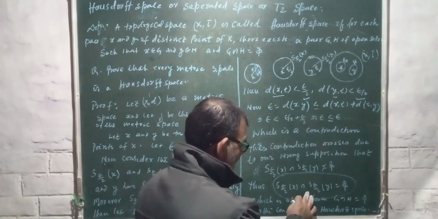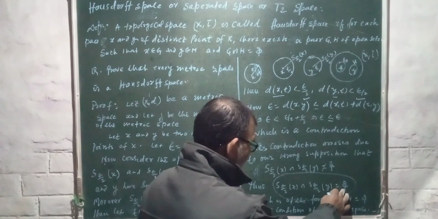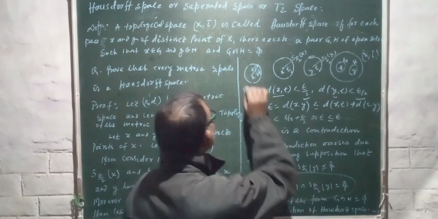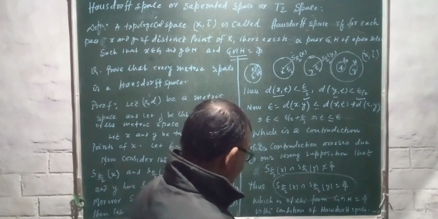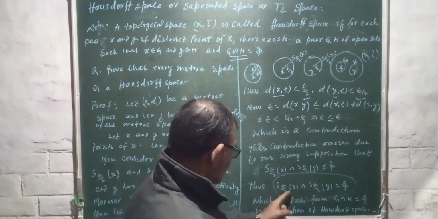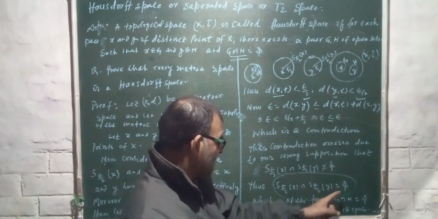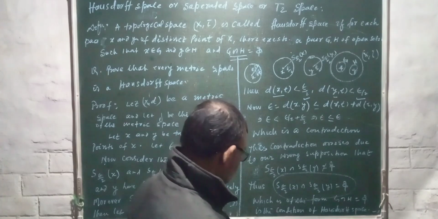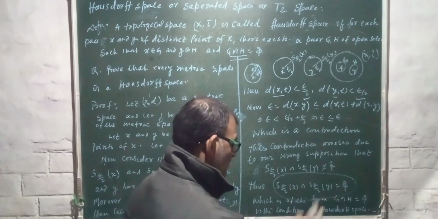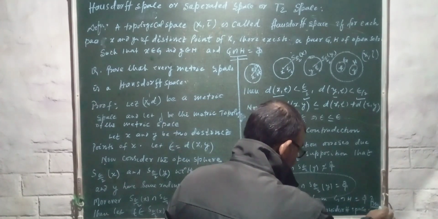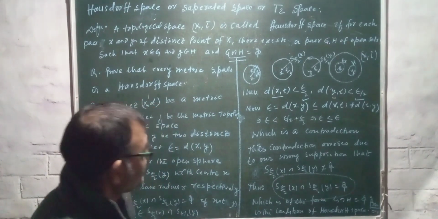So S(epsilon/2, x) intersection S(epsilon/2, y) is equal to the empty set. Since an open sphere is an open set, G and H are open sets, and G intersection H is the empty set, which is the defining condition of a Hausdorff space. So it is a Hausdorff space. What we had to prove, we have already proved. And the theorem is complete now.